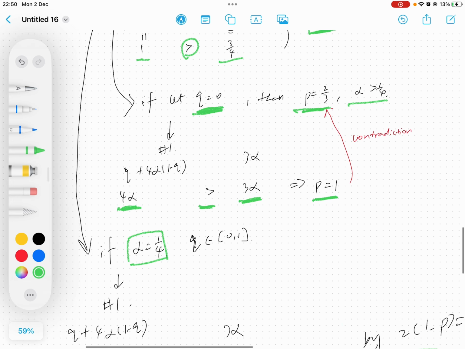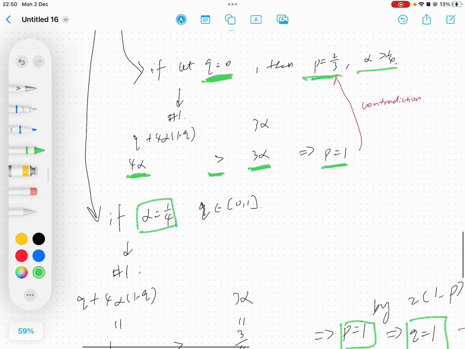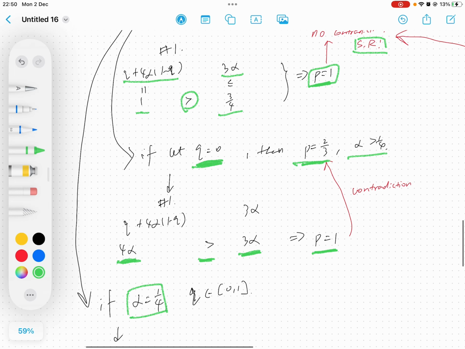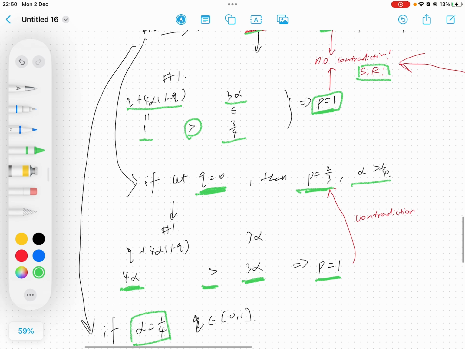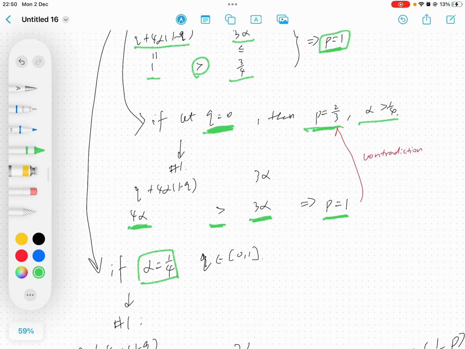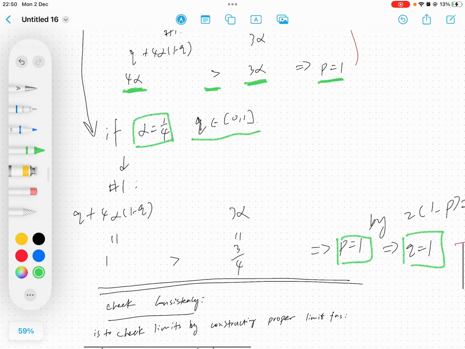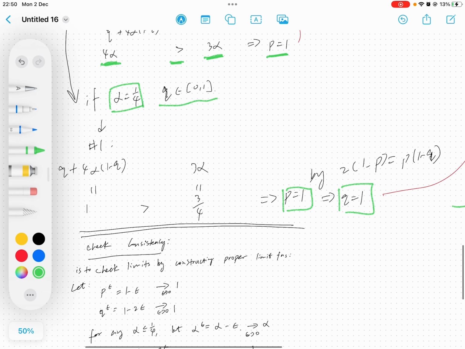Okay, so the last case that we could check is what if alpha is exactly a quarter? So that would be the last case. If alpha is exactly a quarter, then this q could be anything between 0 and 1. And then we go to player 1 and check that.